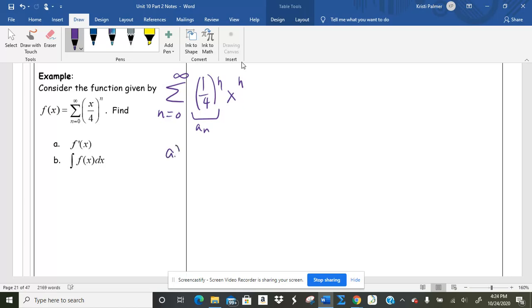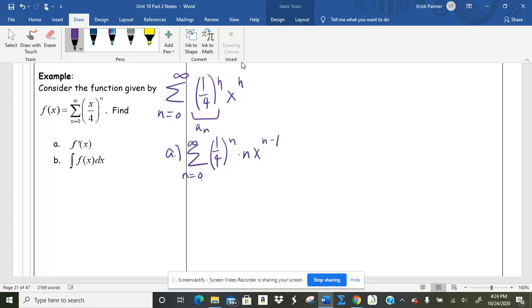So if I'm looking to take the derivative, I leave everything the same to start, and then this is now going along for the ride. And now I'm going to take it times n, x to the n minus 1.